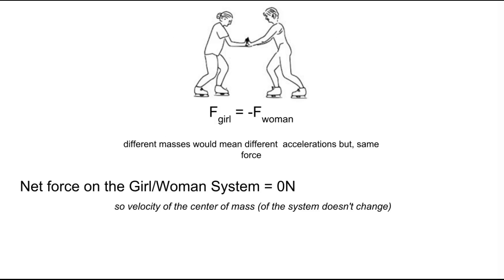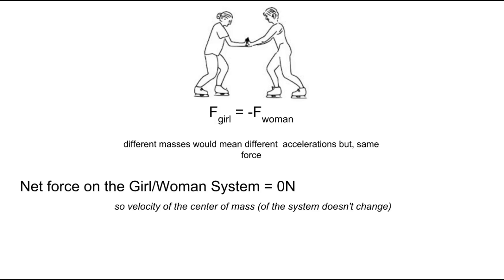Okay, so let's look at the first example, because the best way to really understand Newton's third law is looking at examples. You have two people, a girl and a woman on ice skates, so a very low friction environment. Typically we would say this is friction free. You have a girl on one side and a woman on the other side, and you see underneath their feet that the woman is pushing in the negative direction, and the girl is in the positive direction.